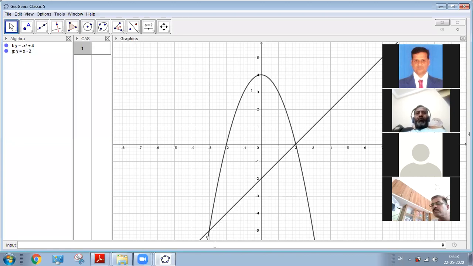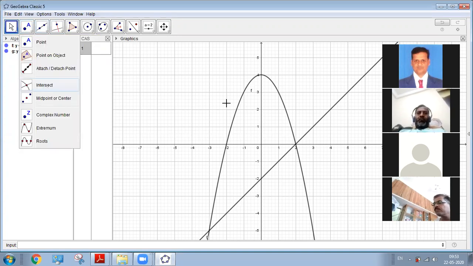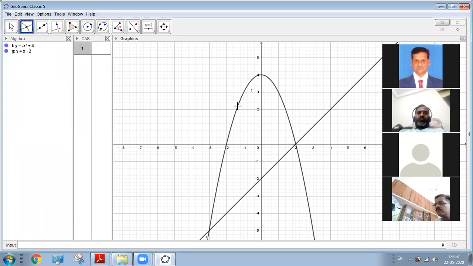Suppose we take this as the left limit for x and this point as the right limit for x. So I'm going to find the intersecting points. You just go here, point, intersection, click this tab. Here also click, and you'll get these 2 points of intersection. One point is A, it is minus 3 comma minus 5. Another point is B, it is 2 comma 0.